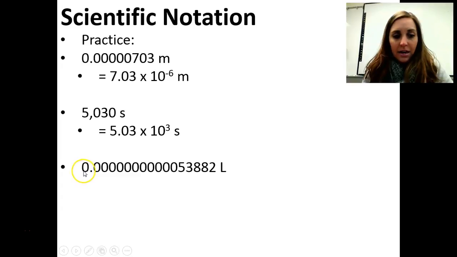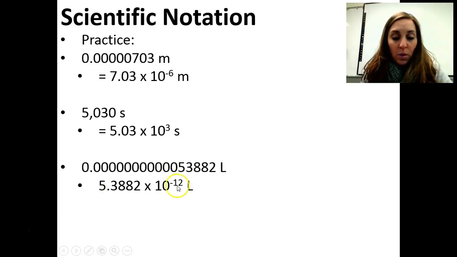All right, this guy, not significant, not significant, not significant. Here's my sig figs, 53882. I put my decimal after my first sig fig, so 5.3882, and then I count my positions from here, my old decimal, to here, my new decimal, which is 12 spots.